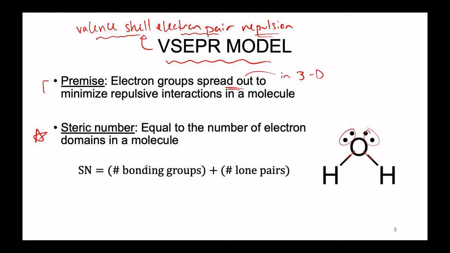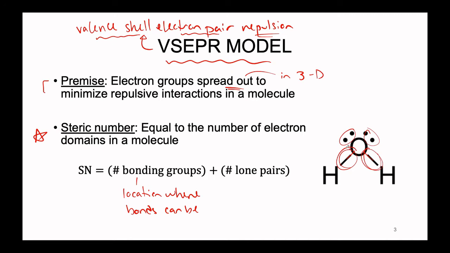So a bonding group is a location where bonds can be. This is the same kind of definition of a bonding group that we observed in Chapter 6 when discussing the bond order and resonance structures. So what we're looking at is, where can the electrons be?